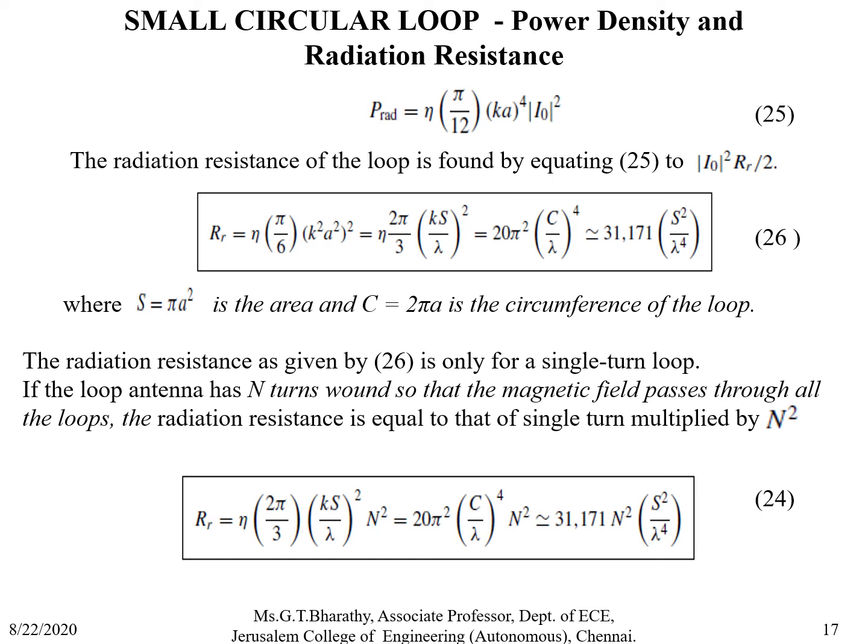So R is equal to eta 2 pi by 3 [Ks by lambda] the whole squared n squared, or approximately 20 pi squared [C by lambda] power 4 into n squared, or 31,171 n squared S squared by lambda power 4.